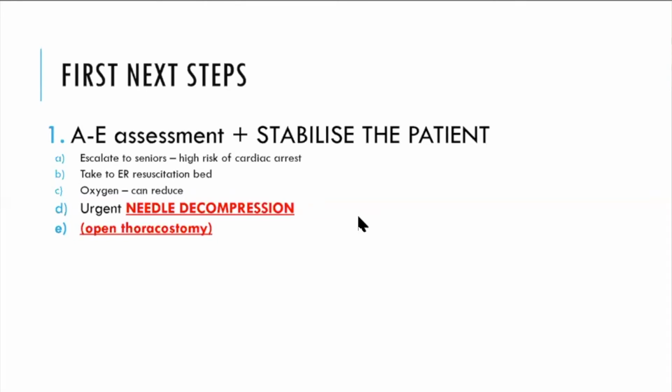And the other thing that you might do, particularly in the context of a traumatic patient, so this person has had a traumatic pneumothorax in that they had an external object that caused the tension pneumothorax, is you might do an open thoracostomy, which is where, if there's a hole already, you might use a clean gloved finger to blunt dissect in and create a tract so that the air from the tension pneumothorax can be released, or if that tract from a stab wound or blunt trauma has started to close up for whatever reason, you might use a scalpel to open it back up again and use your finger to create the tract again.